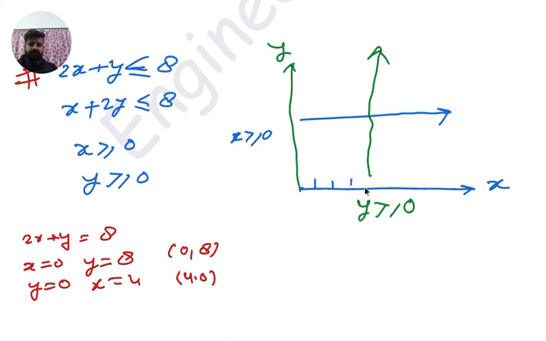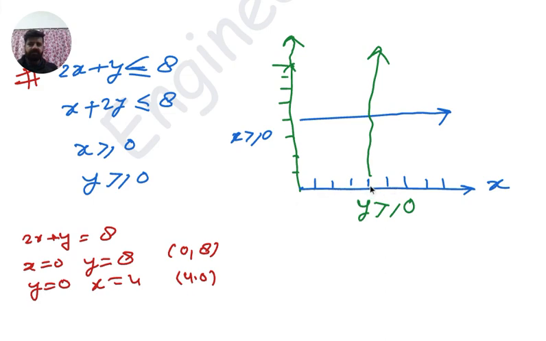Two, 3, 4, 5, 6, 7, 8. Here I also give the points 1, 2, 3, 4, 5, 6, 7 and 8. So the points are 0, 8, and 1, 2, 3, 4.